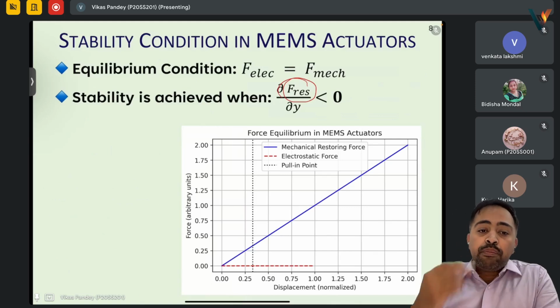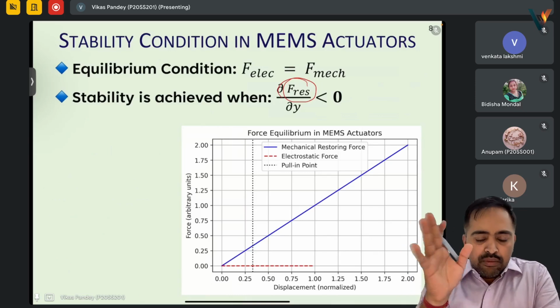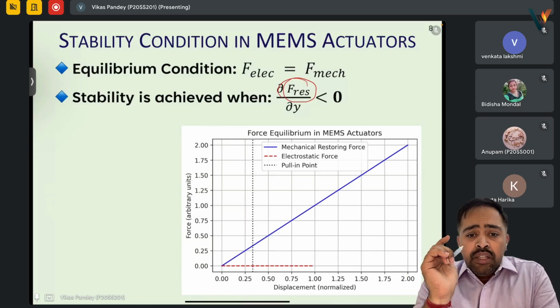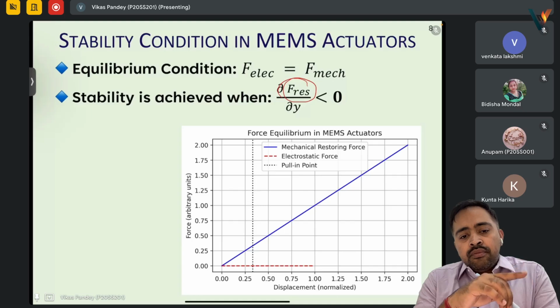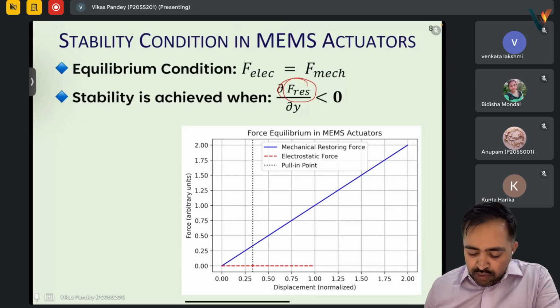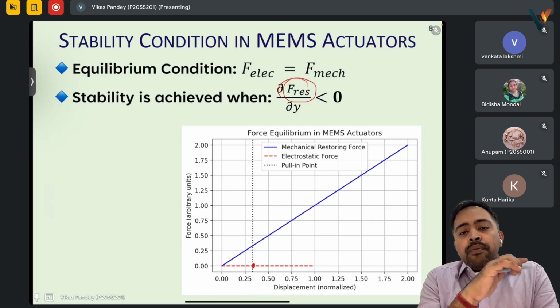So if we plot it, let's say it is again a simulated graph, displacement and force will be represented by such a graph, where this is the pulling point of the electric field.